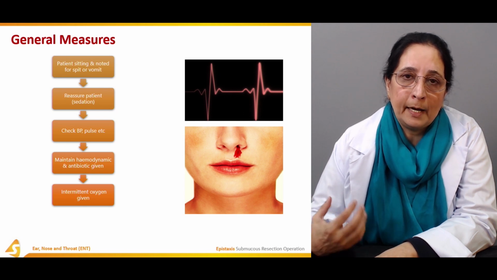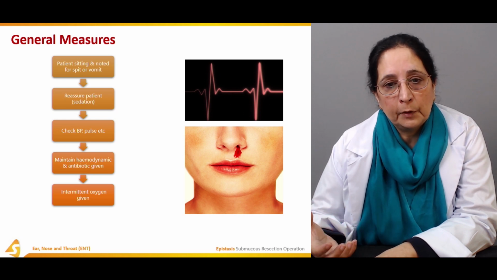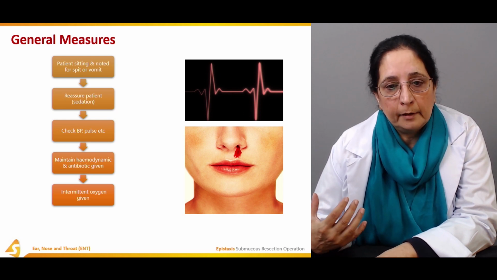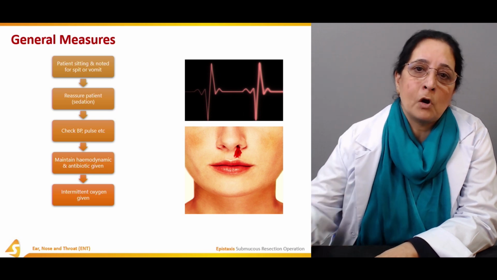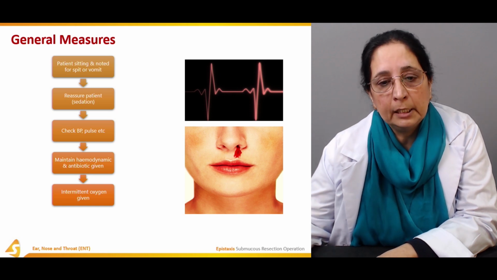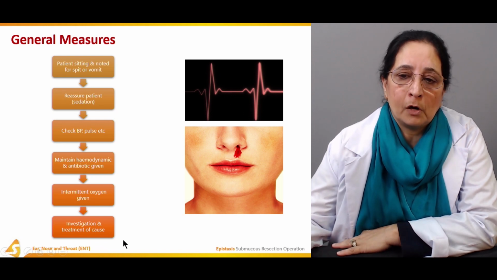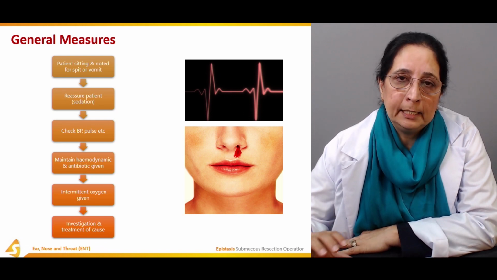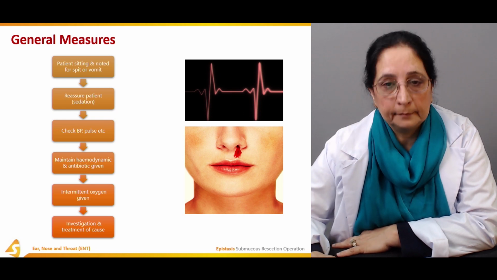If it's really bad, then we need to check the blood pressure, pulse, and give reassurance. Hemodynamics should be maintained, and even oxygen may be required depending on the severity of the condition. And then investigation and treatment of the cause, so that we do not have recurrent episodes.